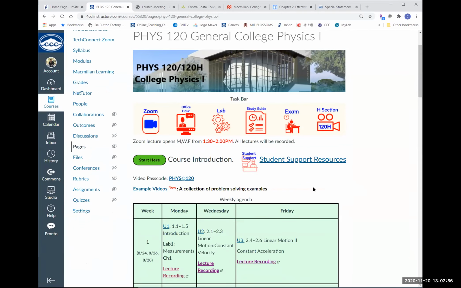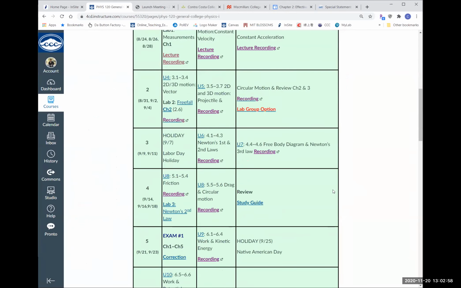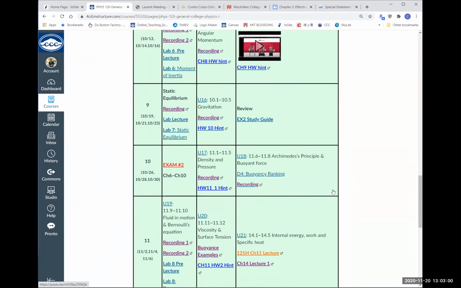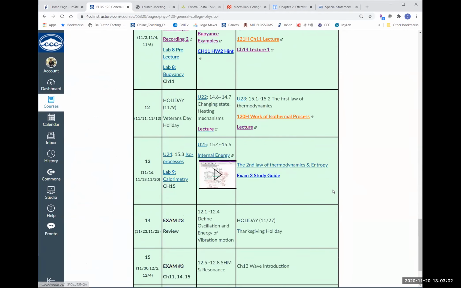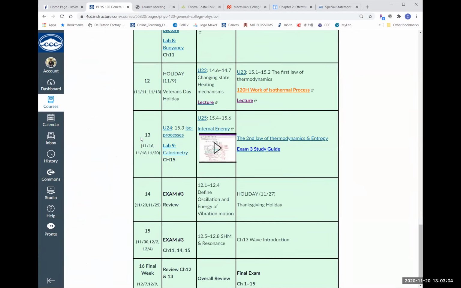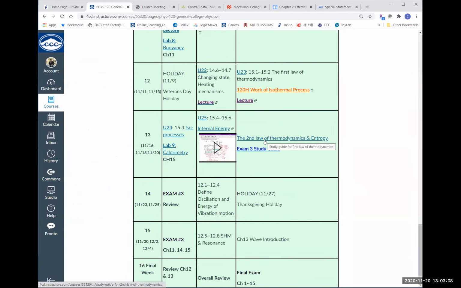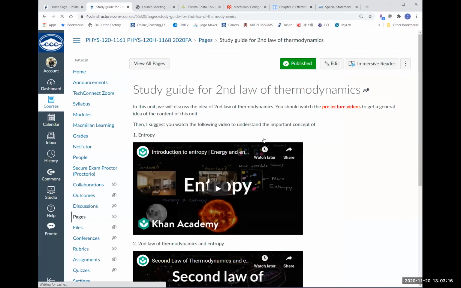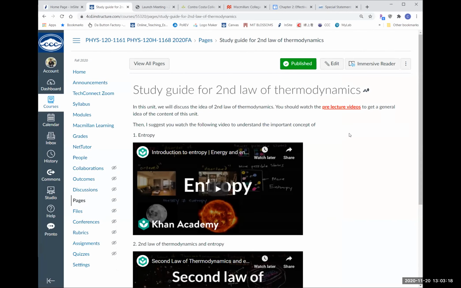Example is over here, and we only have a few weeks left. We are on week 13, and today we are going to talk about the second law of thermodynamics and entropy. If you click on this link, it'll bring you to a page. In this page, I give you a guideline on how to prepare or understand the material for this topic.